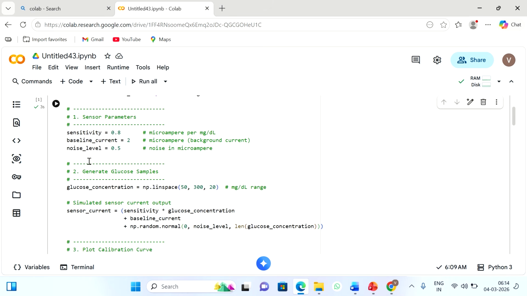Then noise_level is equal to 0.5, noise in microampere. These simulate real biosensor characteristics.